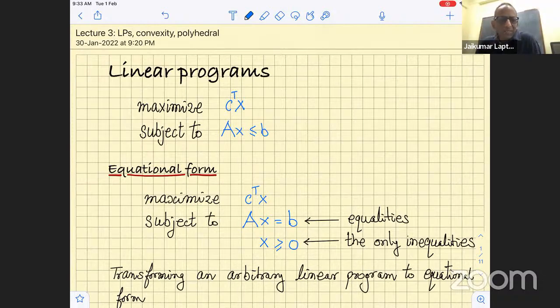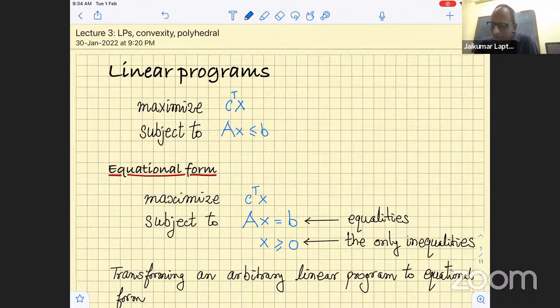So we've been talking about linear programs, and our plan today is to prepare things for introducing the simplex method next time. I'll be following the book closely, and the idea is to work with the equational form of a linear program.